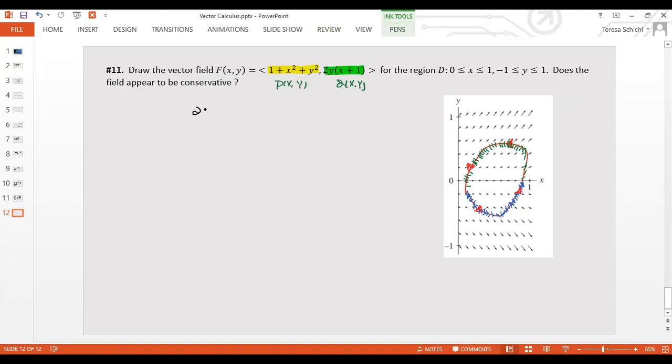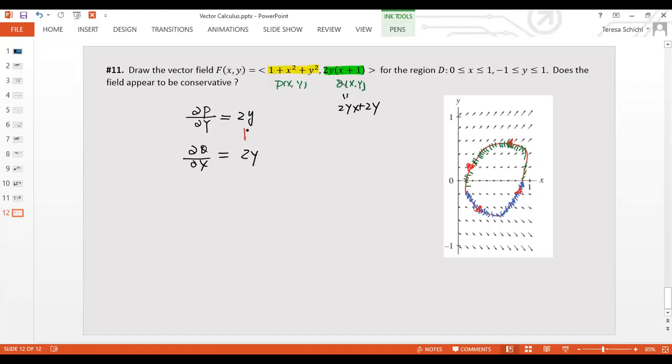So the mathematical way, we say partial P over partial y. What is partial P over partial y? One is constant, x squared is constant, so it is 2y. Partial Q over partial x: Q(x, y) is 2yx plus 2y, right? So you take the derivative with respect to x, and it is equal to what? It is equal to 2y.